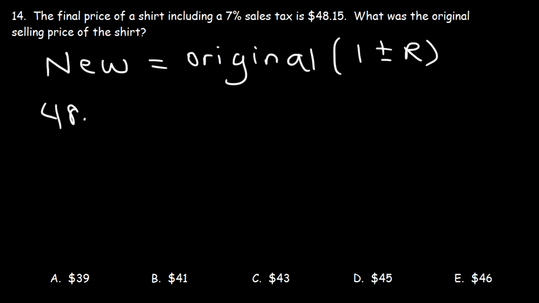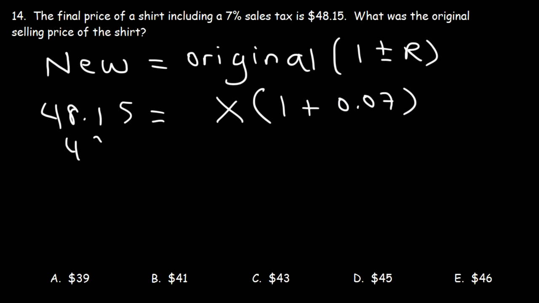That's $48.15. We're looking for the original price, so let's call it X. And the sales tax is 7%, which is 0.07 as a decimal. So therefore, we have 48.15 is equal to 1.07 times X.